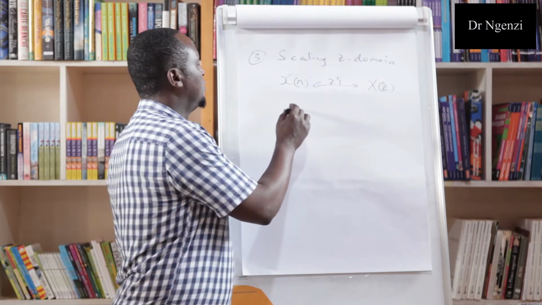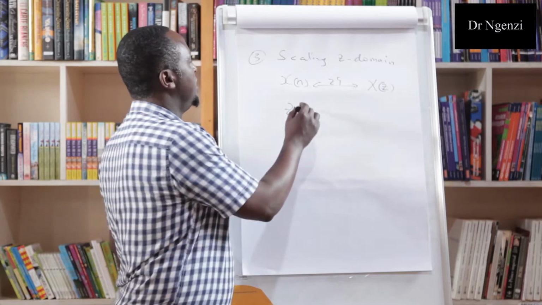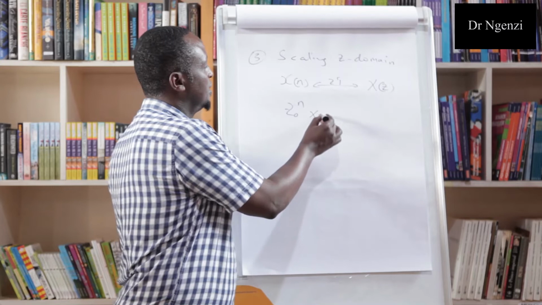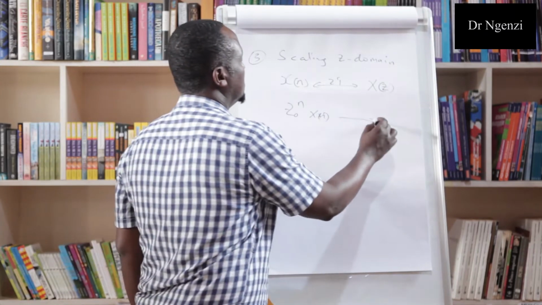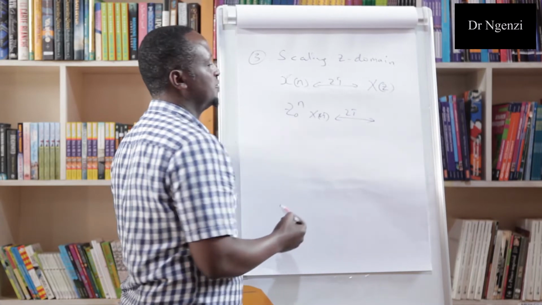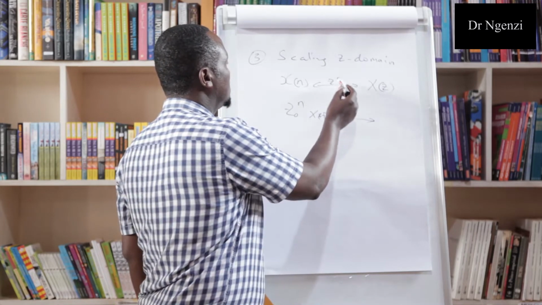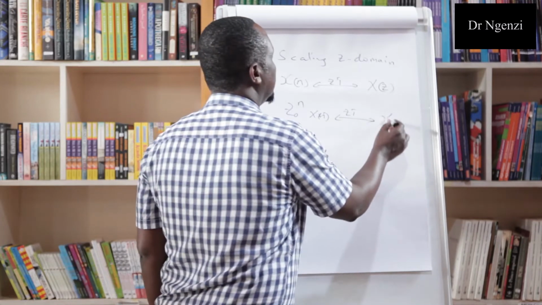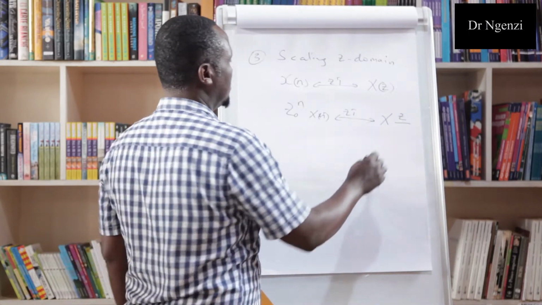So if, for example, you have z0 to the power n somewhere, and then you have x of n on this side, and you want to convert it into its corresponding z transform, this is a discrete variable. Using the z transform, you are going to obtain big X of z over z0.